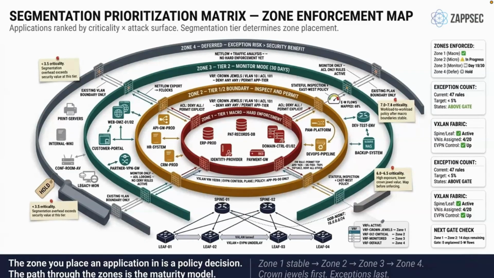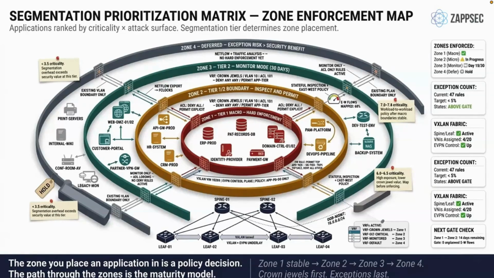And finally, the outer ring, which is zone four, which is deferred: print servers, your internal wiki, your conference room AVs, legacy monitoring, everything sits there. Exception risk exceeds security benefits at this tier. They stay on existing VLAN boundaries while zones one to three stabilize, and the rest of the stuff follows.